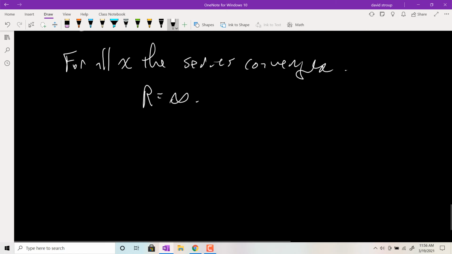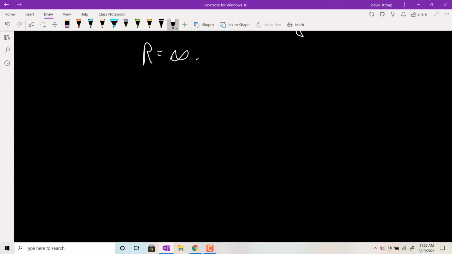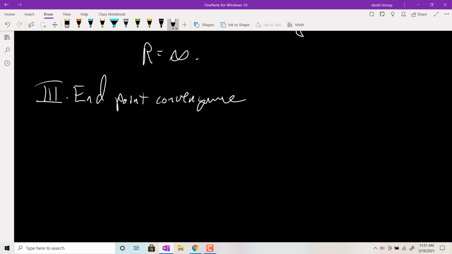So the deal will be you have to then go back to all of those tests from 9.1 to 9.6 and check the series at the endpoints. Okay, so this is section 3. We have endpoint convergence, and we must check these endpoints separately.